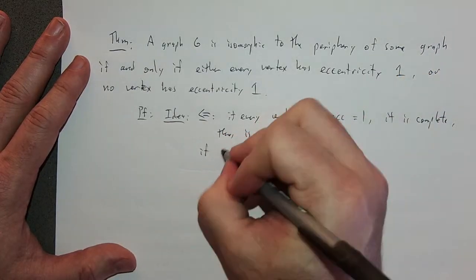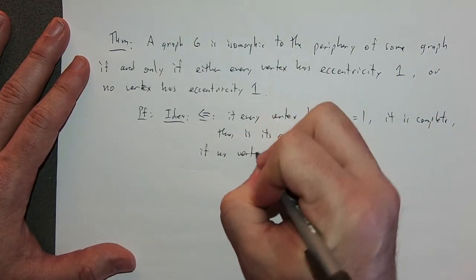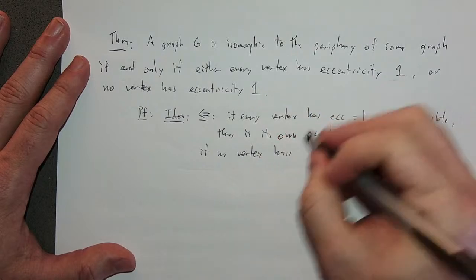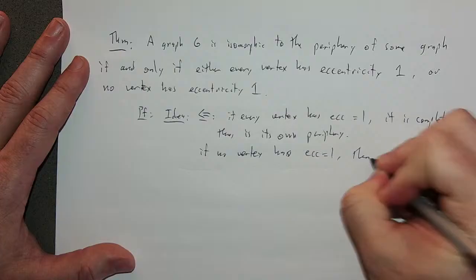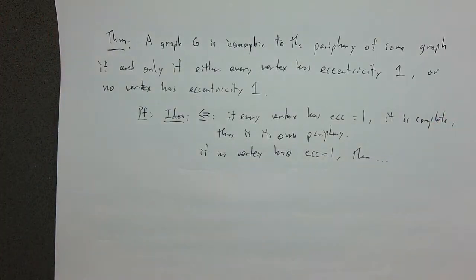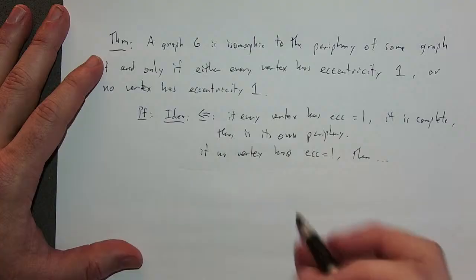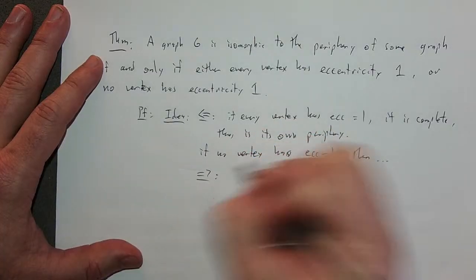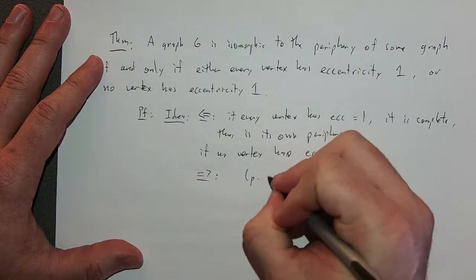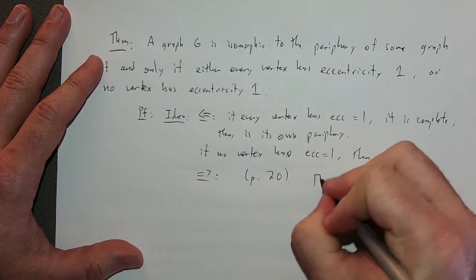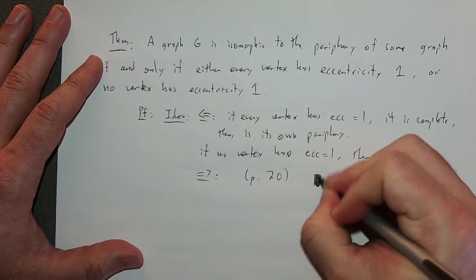If no vertex has eccentricity 1, then you have to think a little bit more, and then you can look at the other direction as well. Fill in the blanks here. This is on page 20 of the textbook, if you want to have a look at the reasoning there.